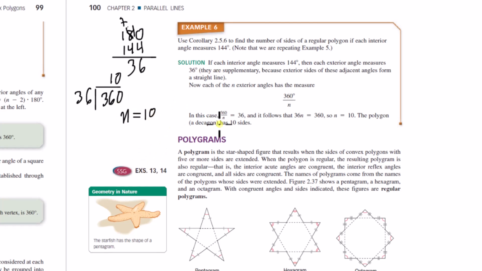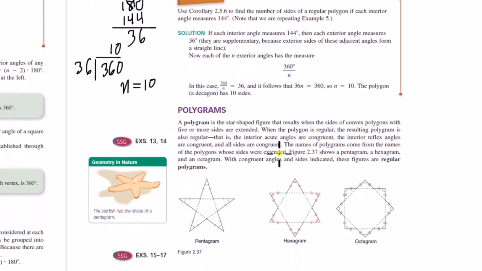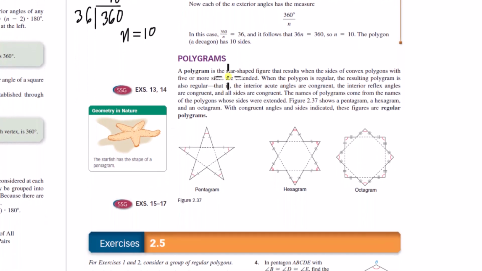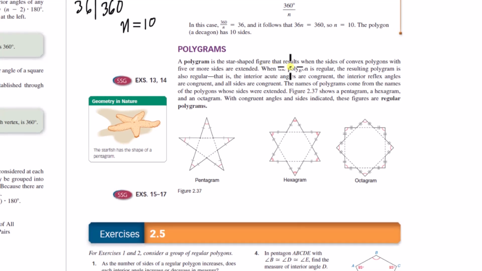10 sides. Okay, polygrams. A polygram is the star-shaped figure that results when the sides of convex polygons with 5 or more sides are extended.